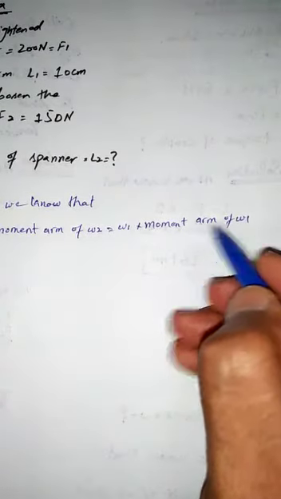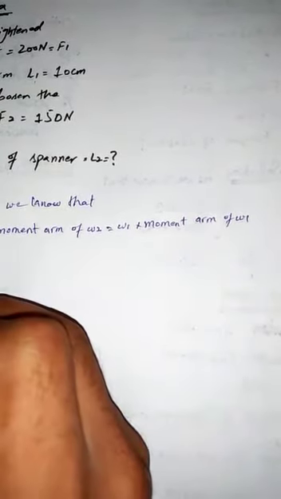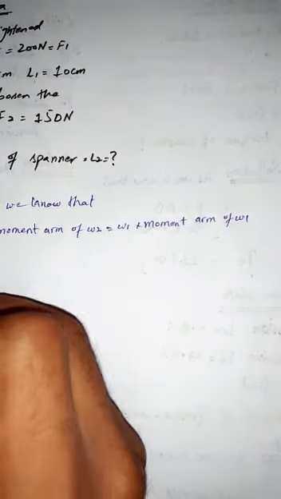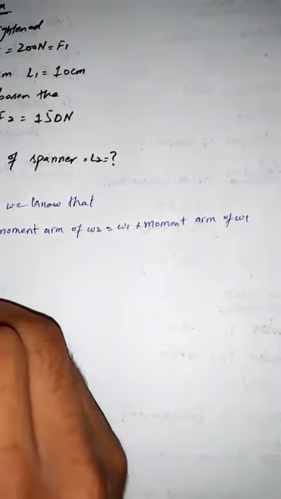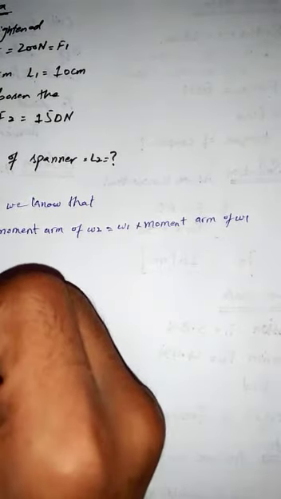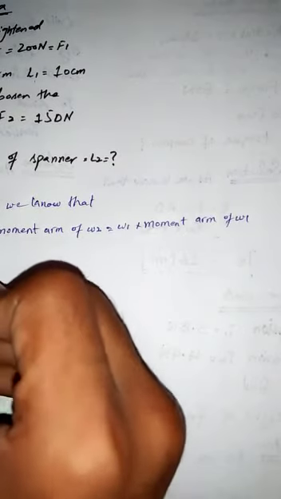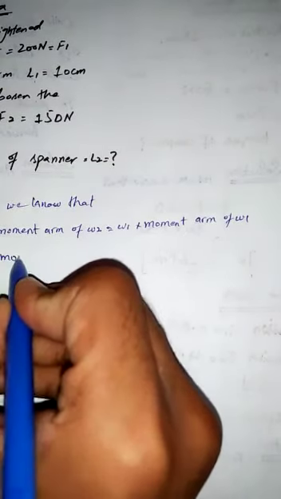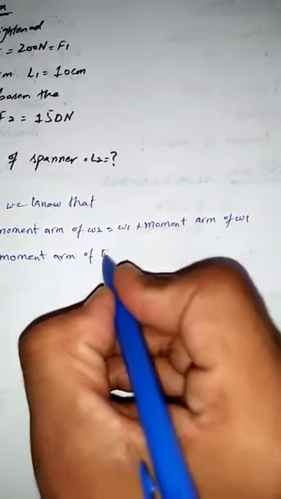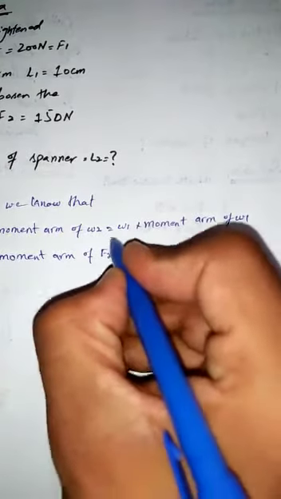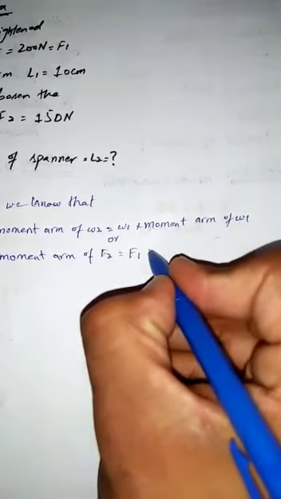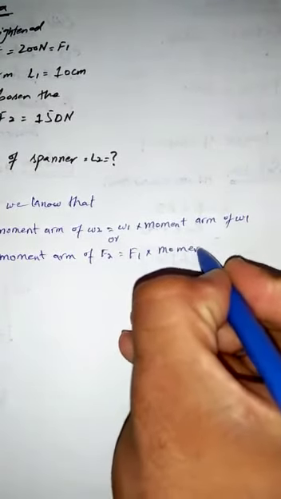Now we will use the values. W2 or F2, we can say that weight and force are the same. So this relation can be written like this: F2 multiplied by L2 is equal to F1 multiplied by the moment arm of F1.